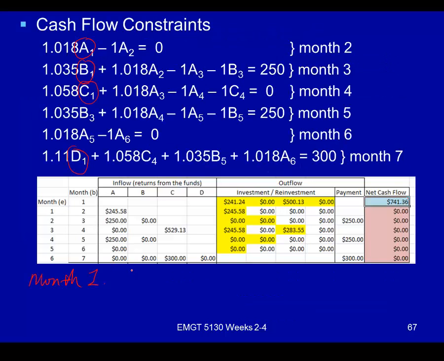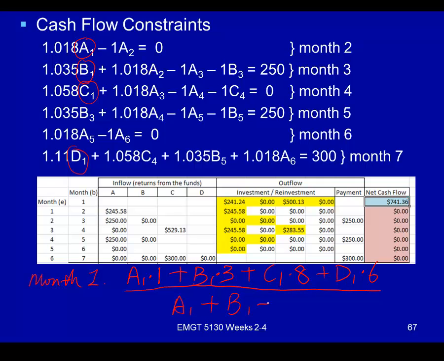So A1 times 1, that's the risk, plus B1 times 3 plus C1 times 8 plus D1 times 6. So this is the total dollar risk in the total portfolio in month 1 divided by the total amount of money we have, A1, B1, C1, and D1.